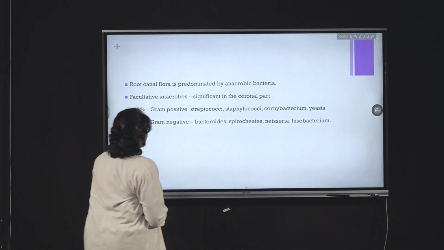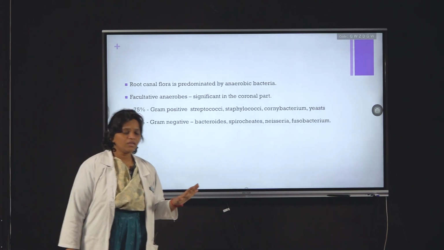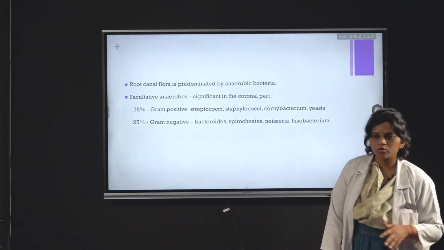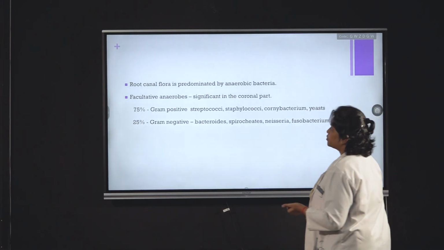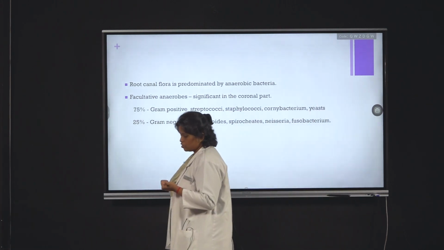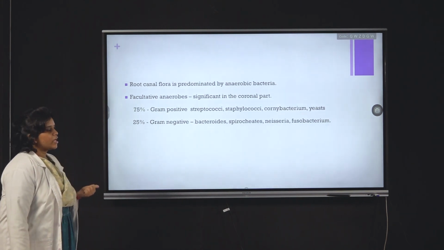Of the anaerobic bacteria, 75% are gram-positive, examples being Staphylococci, Streptococci, Corynebacterium, and 25% are gram-negative bacteria. Gram-negative examples are Bacteroides, Neisseria, Fusobacterium. All these come under the gram-negative, right?